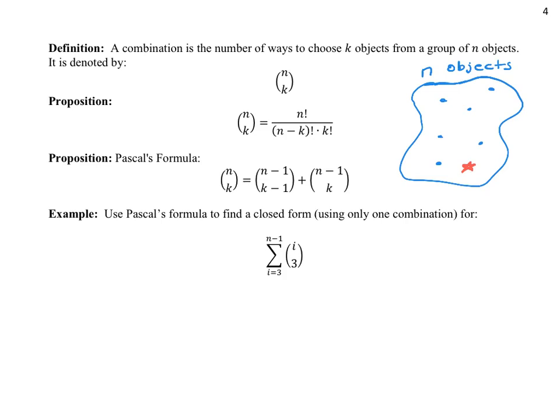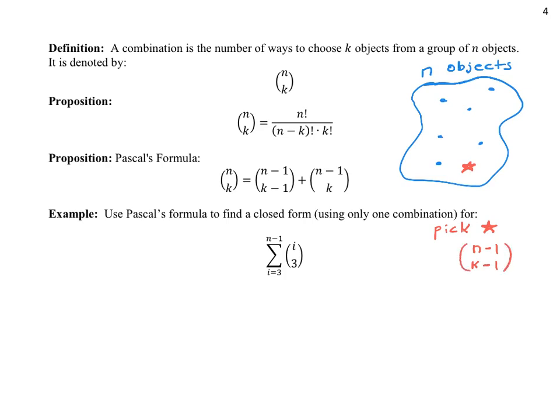If we're supposed to pick k of the objects, and we say we must pick the star, then picking star says that there are n minus 1 objects left, and out of those n minus 1 objects, we're going to pick k minus 1 of those objects.